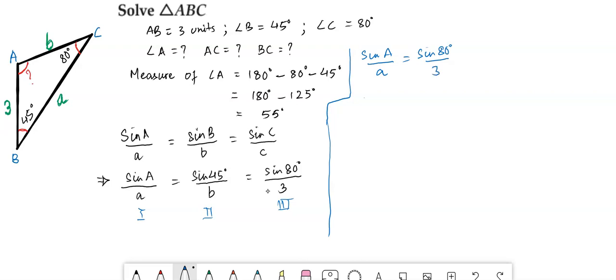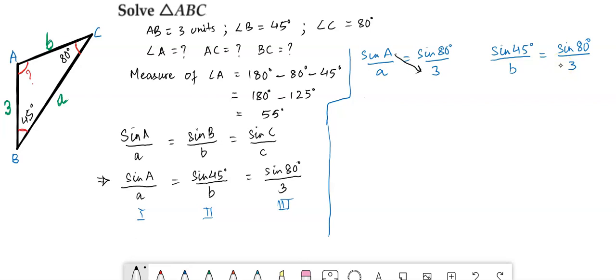And in the same way, I can write a relation between fraction second, sine of 45 degrees over b, equals sine of 80 degrees over 3. So what I've done basically is I have established an equation between fraction first and fraction third, and the same way fraction second and fraction third. Now we can start solving them, and it's pretty easy.